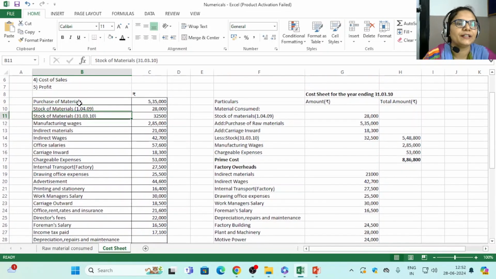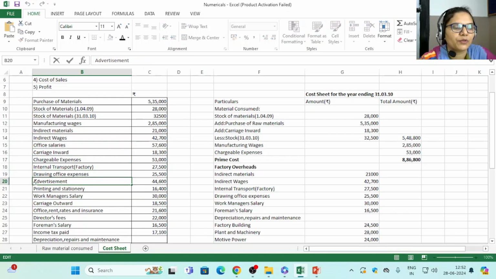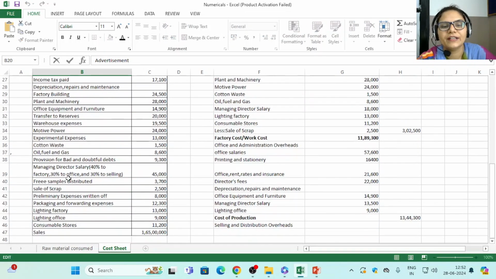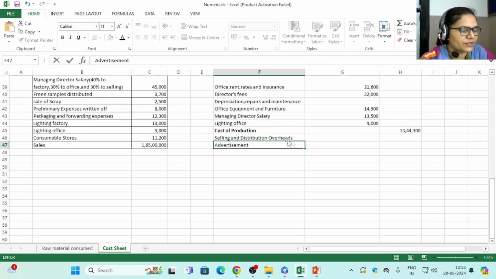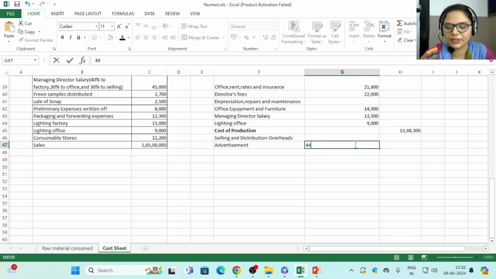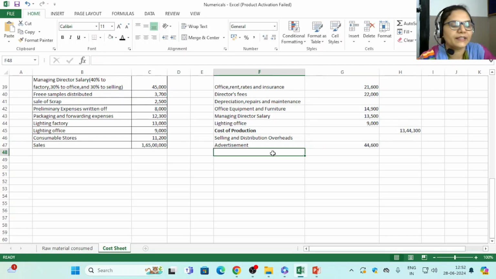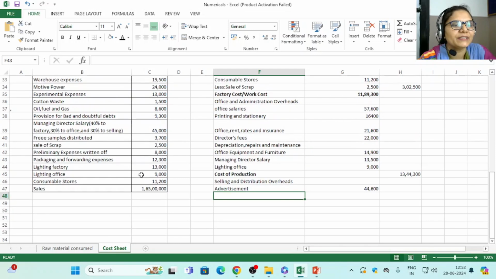First is advertisement. Advertisement is a part of your marketing, so definitely it will be added in selling and distribution overheads, 44,600 rupees.